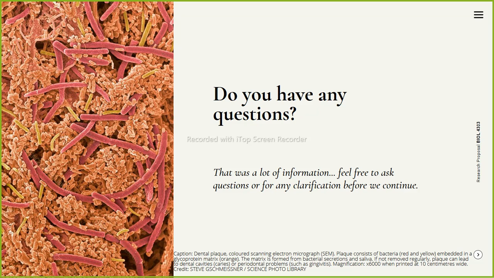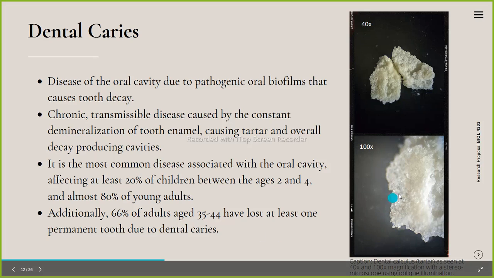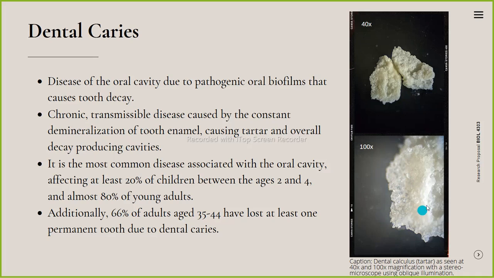So the calculus is formed from the remineralization, or the recrystallization, of the minerals that are in your tooth enamel. If we go back to the slide, you can see that this is really crystalline, right? And so this is just the minerals. This isn't necessarily just made out of the proteins and extracellular DNA that make up the biofilms.